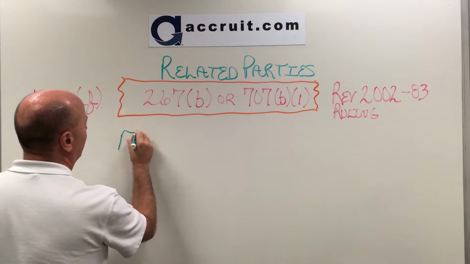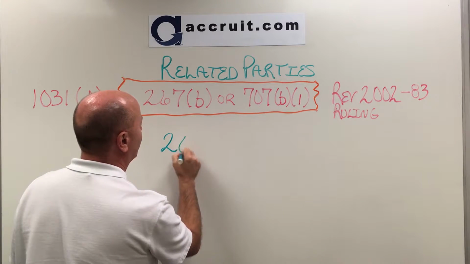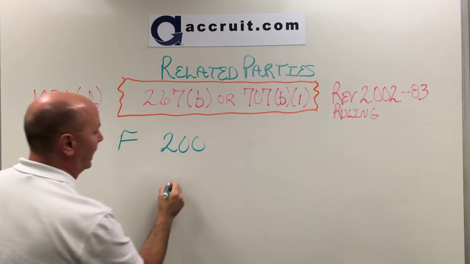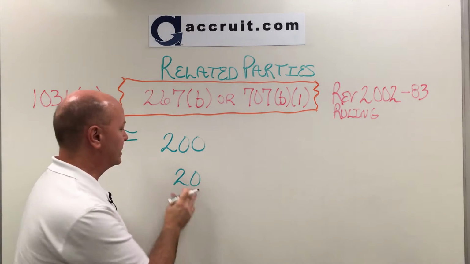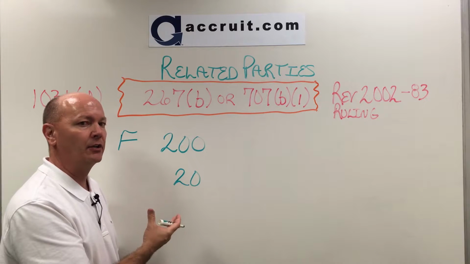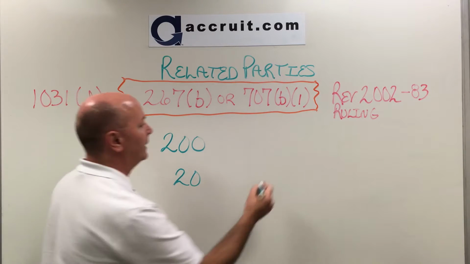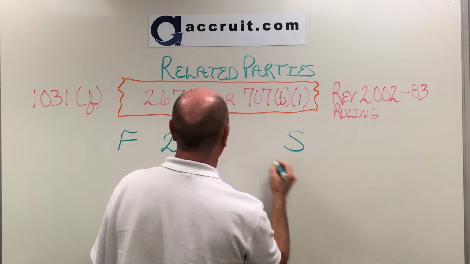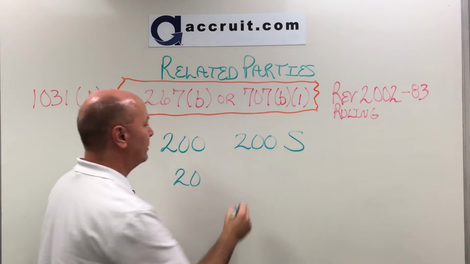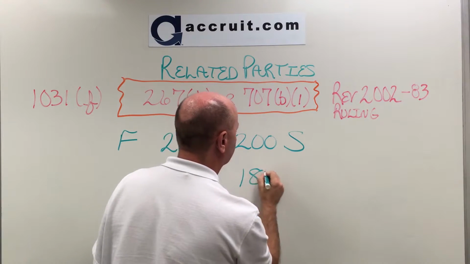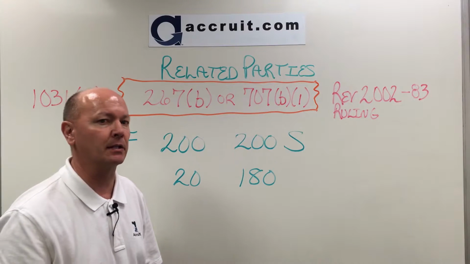So let's say father's property is valued at $200,000 and has a very low basis. In other words, we'll just say $20,000. So there's $180,000 of built-in gain on this property. Now, son has a property that's also valued at $200,000, but this one has a much higher basis at $180,000.